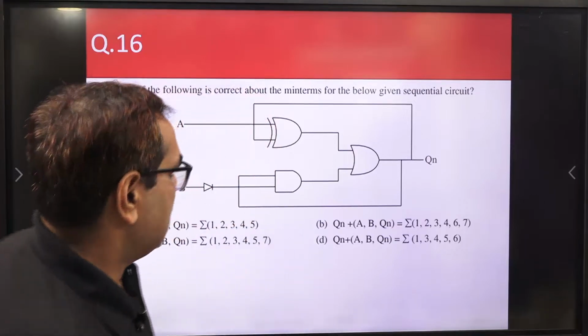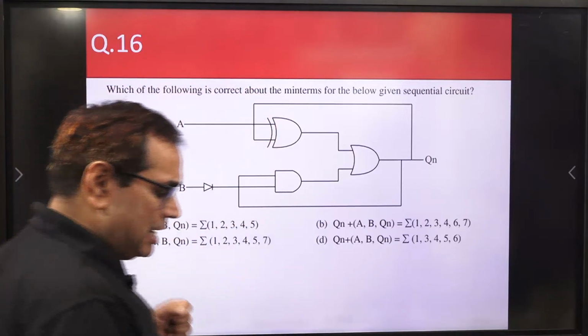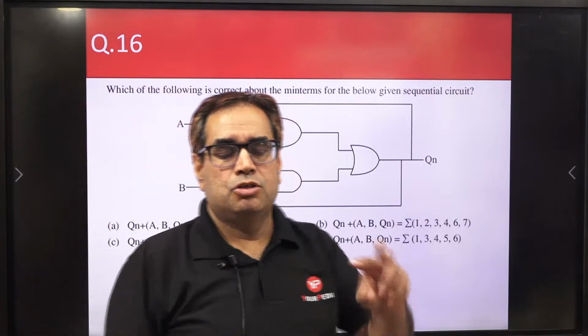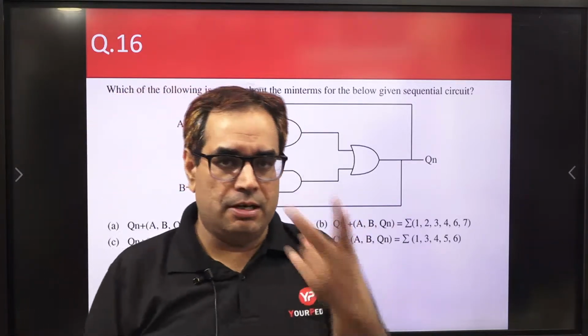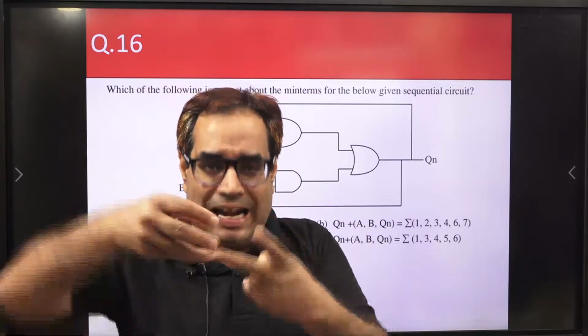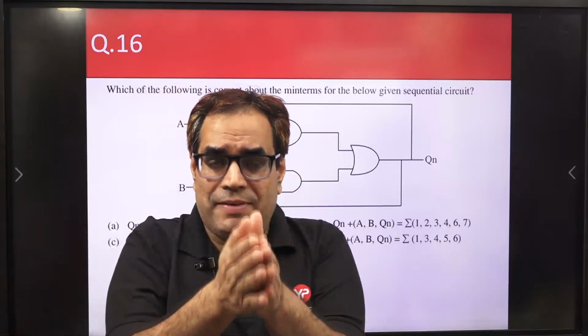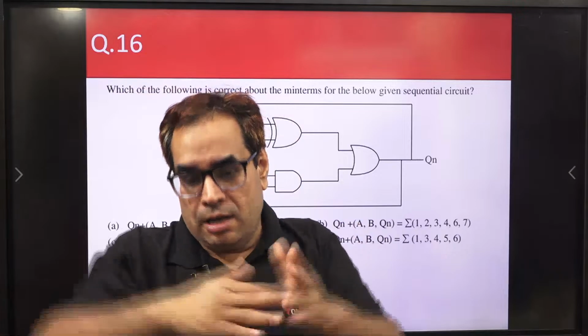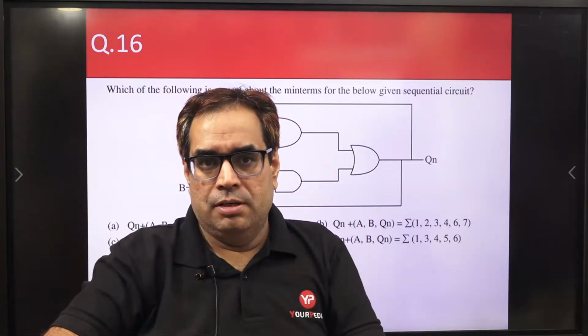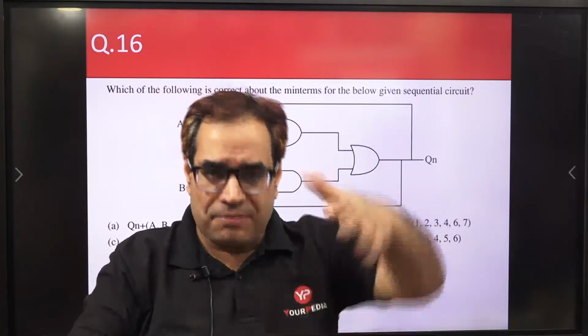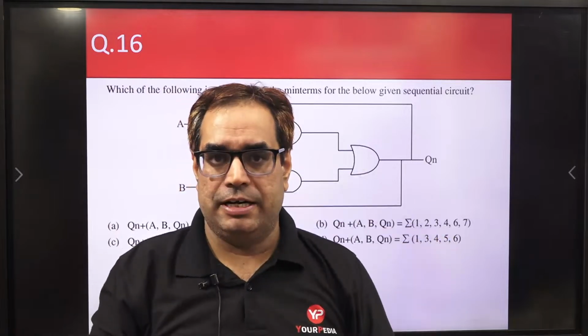Okay. Now where do we get the next state? Next state, present state, there are two things. Both occur at the same place. Whatever we are having, that is the present state, and whatever is going to come, that is the next state. After coming, that becomes the present state, right?